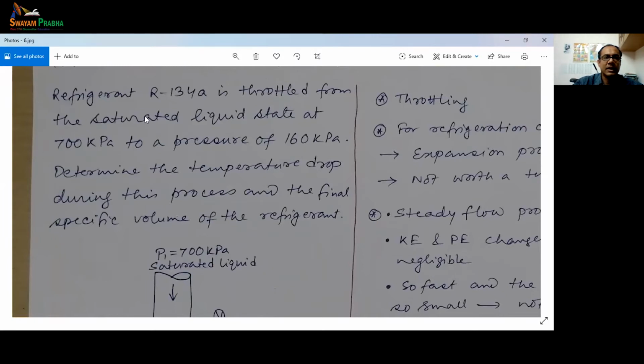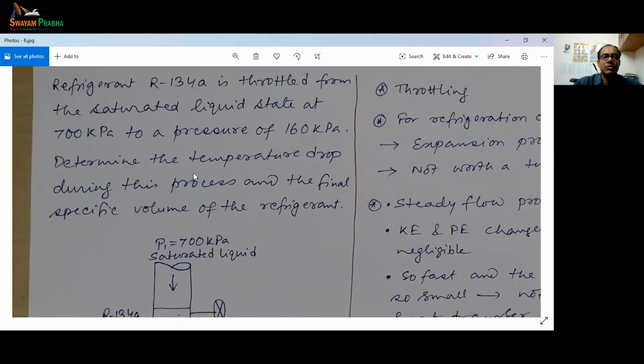That means it's 700 kPa to start with and throttled to a pressure of 160 kPa. So pressure is coming down in throttling. Now determine the temperature drop. So again you can see the temperature drops in a throttling process, and you have to determine the temperature drop during this process and the final specific volume of the refrigerant.